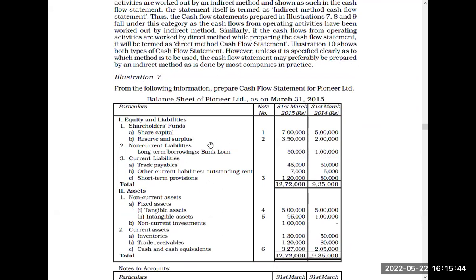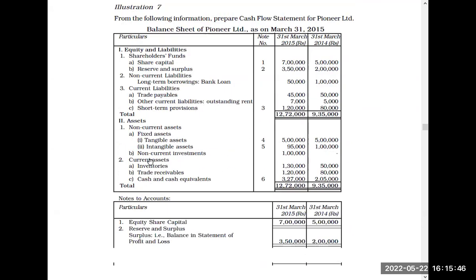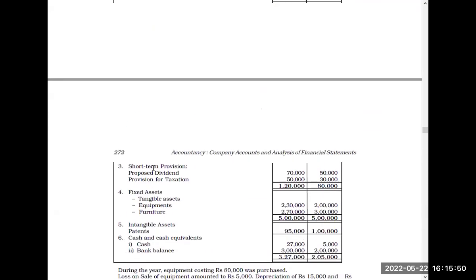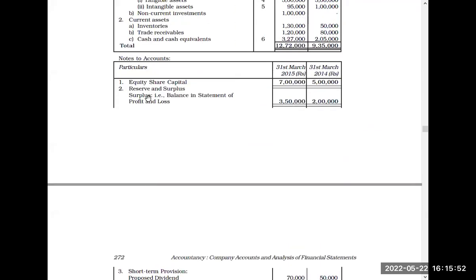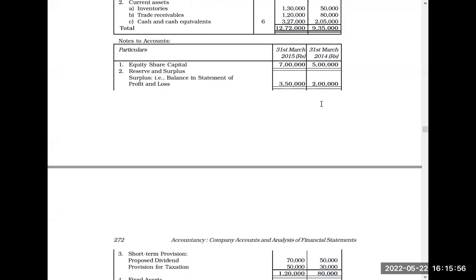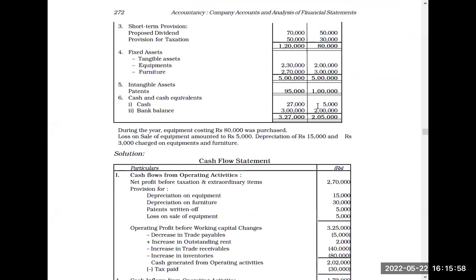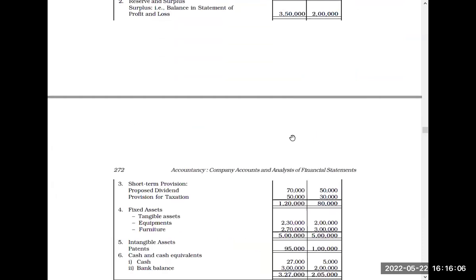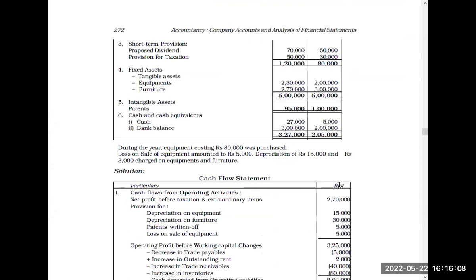Share capital is there, reserve and surplus. Reserve and surplus adjustment, do you see anything there? Balance in statement of profit and loss, 3 lakh and 2 lakh. Only that much is there. 2 lakh is for the previous year and 3,50,000 is for the current year. So the difference is 1,50,000.